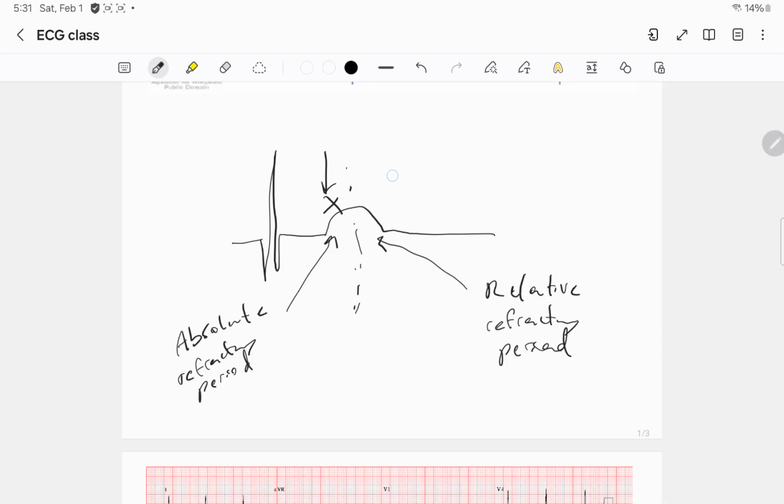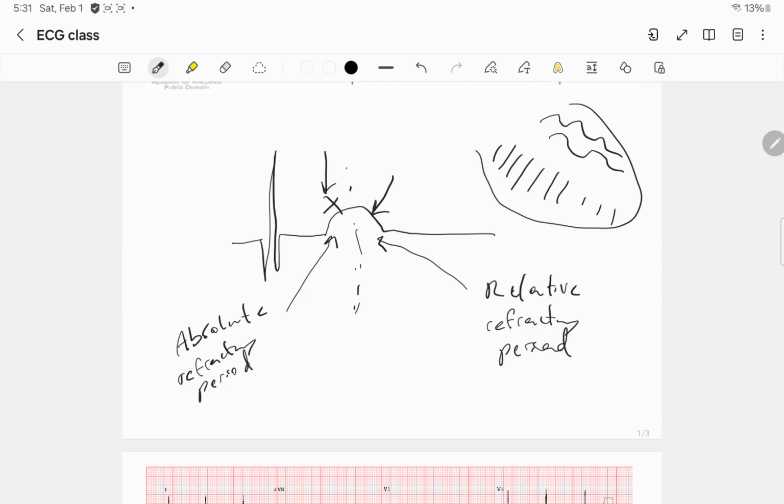But in this relative refractory period, some of the ventricle may still be depolarized and some of the ventricle has started to repolarize.